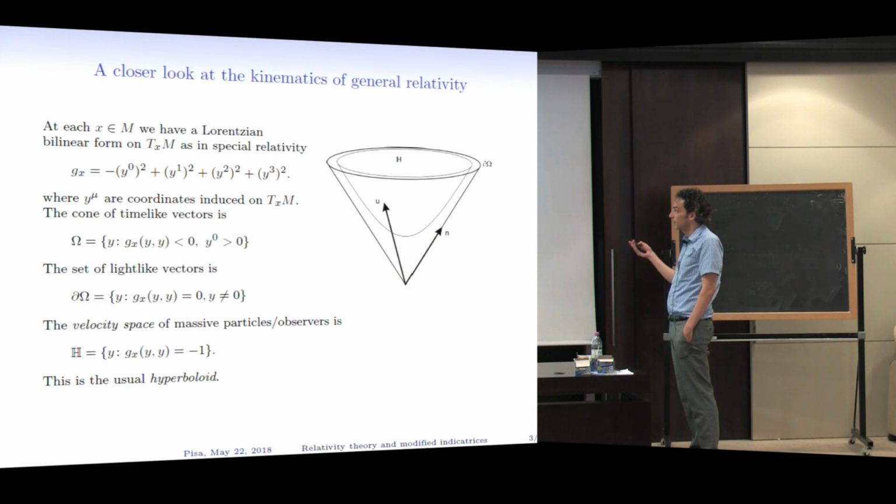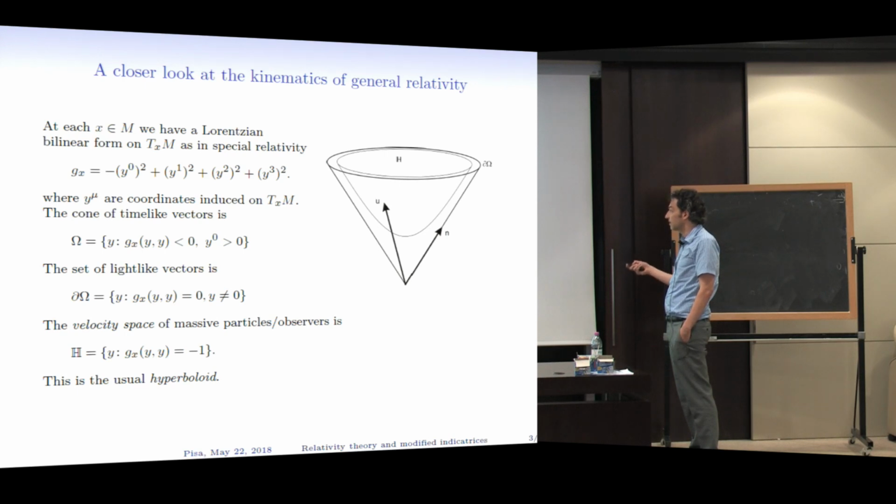At each point we have a quadratic form which has this expression, where y mu are coordinates induced on the tangent bundle from a local coordinate system on the manifold. So here we recognize the set of time-like vectors, which are those that have, so to say, negative square and are future-oriented, and the boundary, which is the set of light-like vectors.